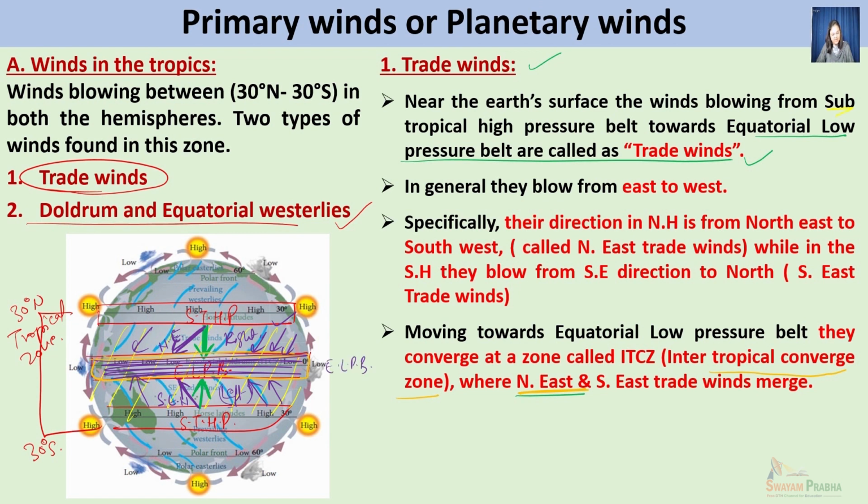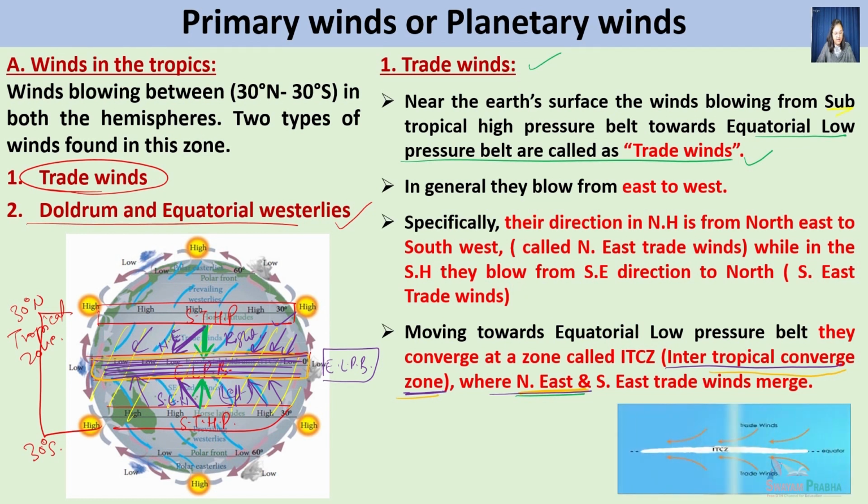And these winds are attracted towards this low pressure central core region, which is the equatorial low pressure belt. Once they converge near the equatorial low pressure zone, their convergence zone is called the intertropical convergence zone, where the northeast trade and southeast trade winds converge. But they are not properly able to converge because of intense insolation at the ground surface near the equatorial areas.